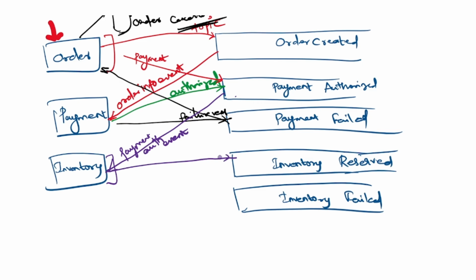If it is able to reserve the inventory successfully, it publishes the success message on the inventory resolved topic. Now order service consumes the success message from inventory and confirms the order as payment and inventory are completed.